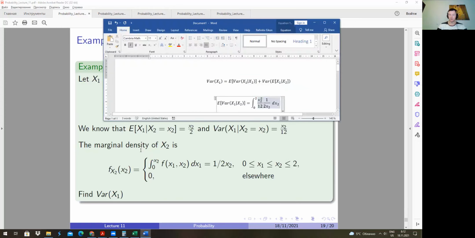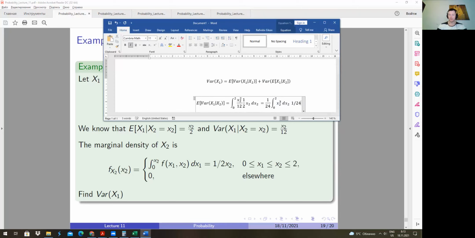Right, so what do we have? We can take 1/24 out of the integration sign. Sorry, this x must be here. Then I have an integral inside of x2 cubed.